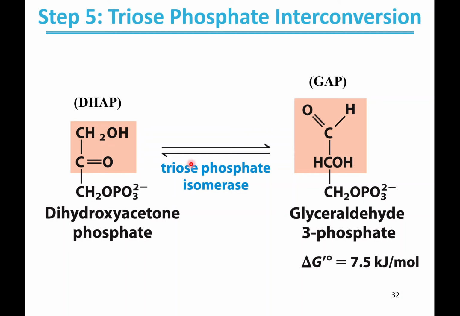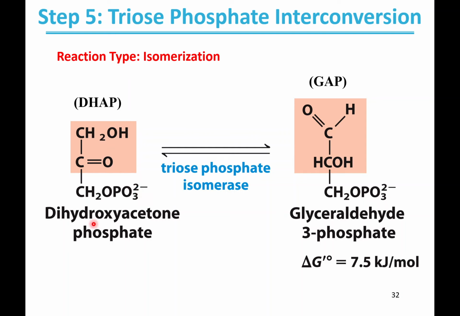And this reaction is catalyzed by an enzyme called triose phosphate isomerase. Triose means a 3-carbon sugar. Triose phosphate is a 3-carbon sugar with a phosphate. And isomerase is telling you what it's doing. It's isomerizing that. So the reaction type is an isomerization.